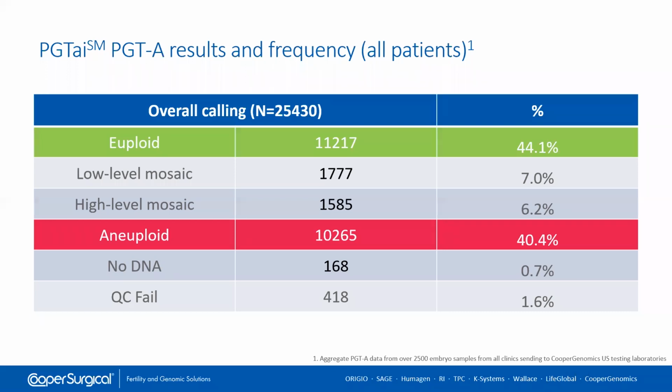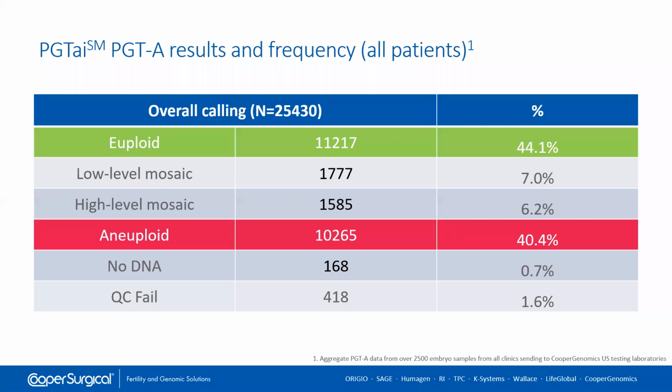To just really start with PGT-A, or PGS as it used to be known, and where we are. This is the CooperGenomics technology, PGT-A, and this is data that we've been generating on our latest platform, PGT-AI2, with 25,000 embryos tested.